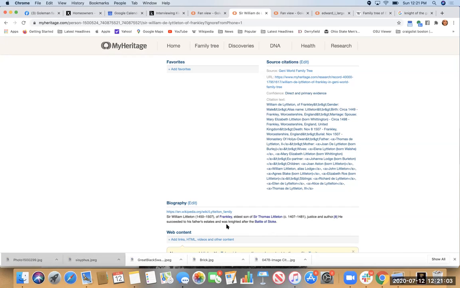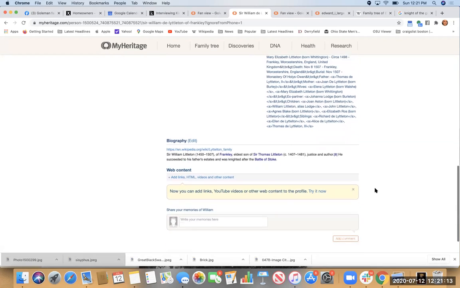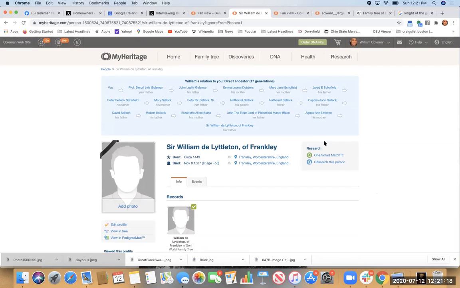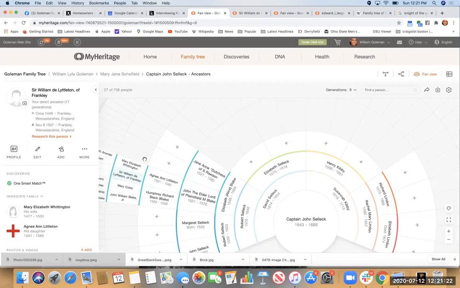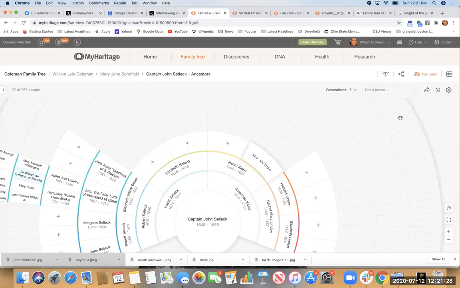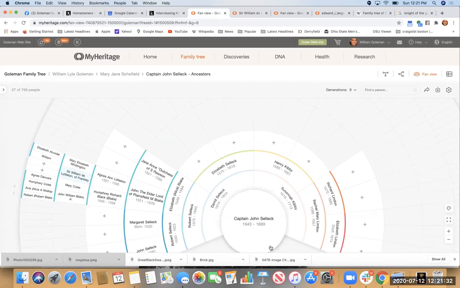He succeeded to his father's estates and was knighted after the Battle of Stoke. So he was knighted because of heroism or performance in battle, which is, of course, very interesting. Usually when you go back this far, it's really hard to find information about their lives or livelihood or what people had done.